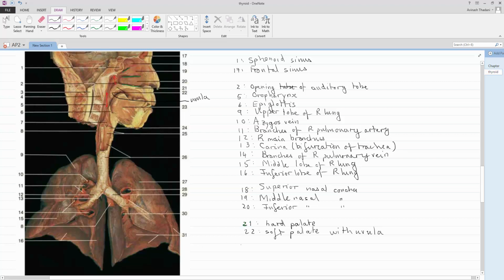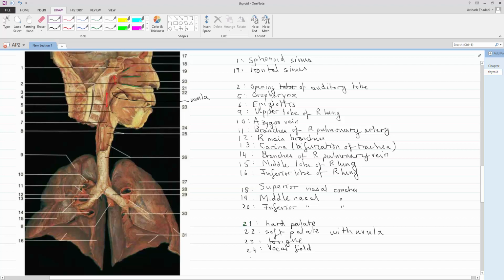23 is obviously the tongue. 24 is the vocal fold. We're not really going to focus on the larynx itself, but there's a vocal fold and a vestibular fold, and we're not going to see how the sounds are produced in the larynx.